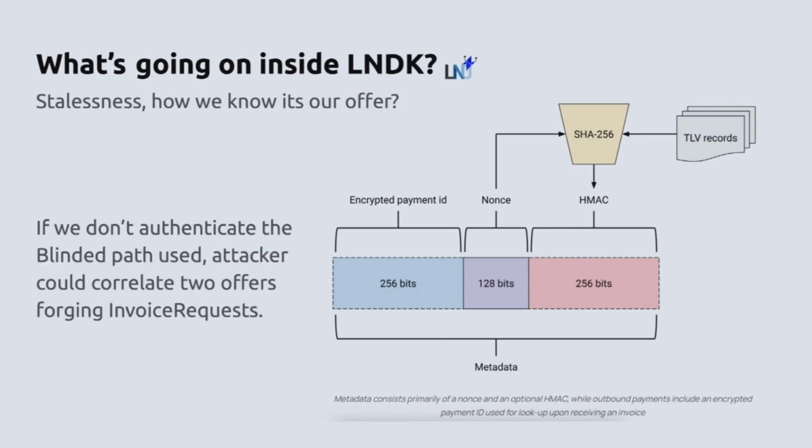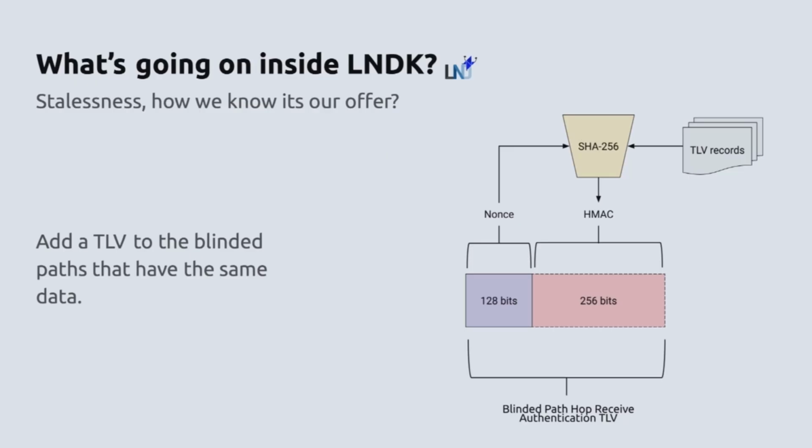But this has some issues, because if we don't actually authenticate the blinded path, we could de-anonymize the offer, like correlating that two offers are from one specific person or node, or forging a custom invoice request. So in order to solve that, we started doing kind of the same, storing a nonce and calculating an HMAC and putting it inside the blinded path hop we receive, and on the blinded hop that is receiving, that is actually us, we're adding a new TLV that we can recalculate.